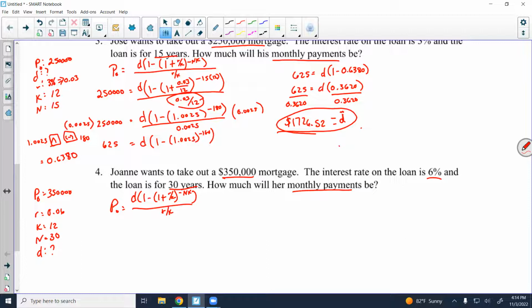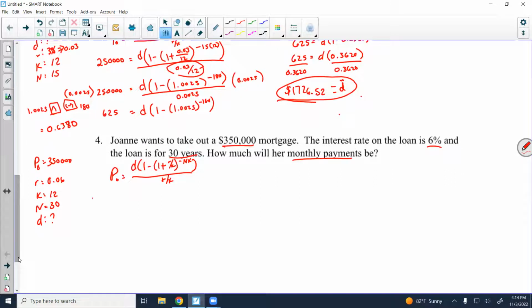So now let's plug in our values and see what we end up with. The P sub 0 is 350,000 equals D times 1 minus 1 plus 0.06 divided by 12 to the negative 30 times 12 over 0.06 divided by 12.